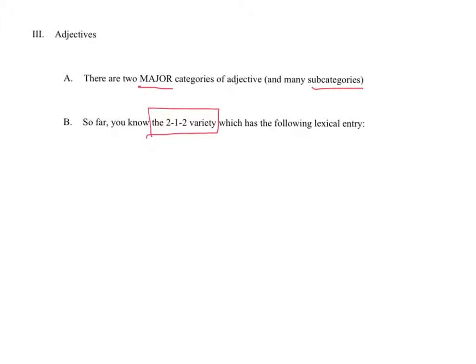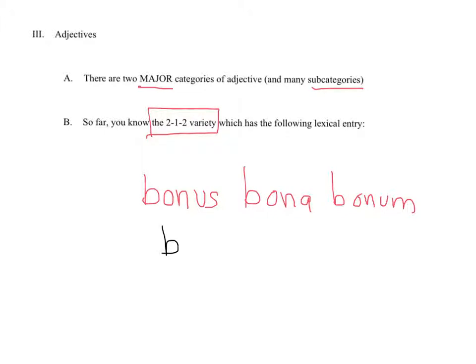I call it the 2-1-2 variety because the lexical entry, and remember the lexical entry is the way that it looks in the dictionary, the lexical entry for a 212 adjective looks like this, if I write it out in full. As usual, your book and dictionaries will tend to abbreviate it in the following way.